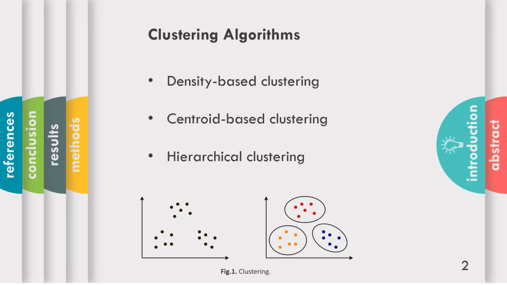Clustering is an unsupervised method that classifies data objects into meaningful subclasses, whose name is cluster. Data points in each cluster are possibly similar, and dissimilar to data points in other clusters. Clustering algorithms could be roughly categorized into several main branches such as density-based, centroid-based, and hierarchical.